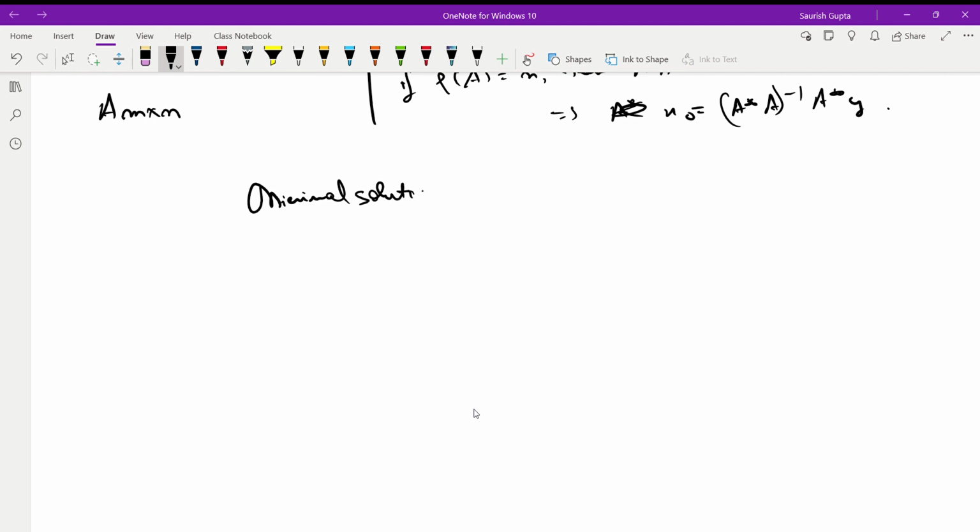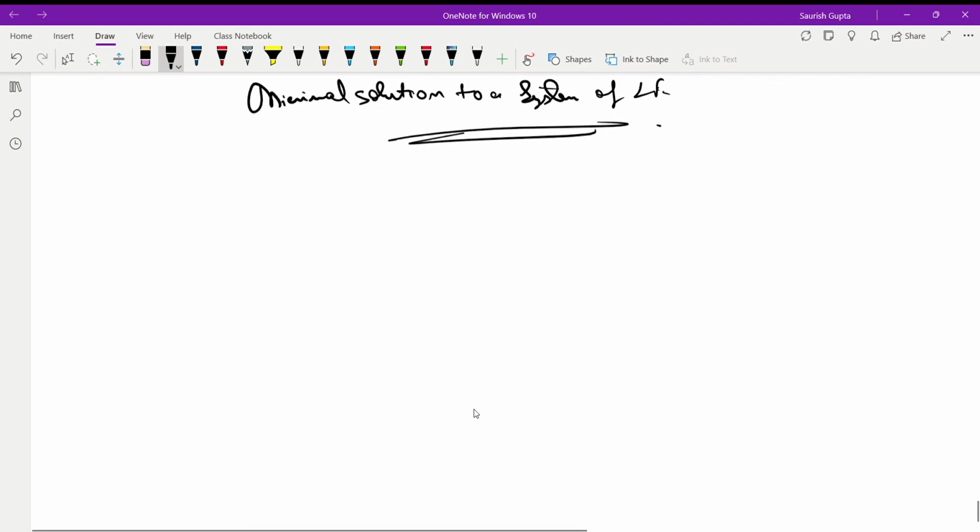So let me just give the heading. I want to talk about the minimal solution to a system of linear equations. Now, obviously, while proving this, we are going to assume some facts, the proofs of which you will get in any standard book on inner product spaces, or in fact any standard book on vector spaces that covers inner product spaces as well.